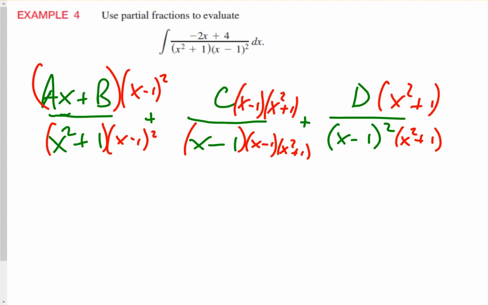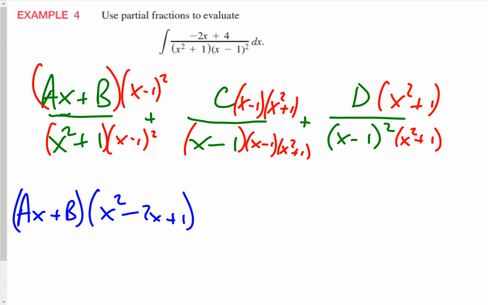So let's continue. We have ax plus b. This will have to multiply with, we're going to expand on the x minus 1 squared. So that's going to be x squared minus 2x plus 1. And then plus c. Let's expand on that, FOIL it out.